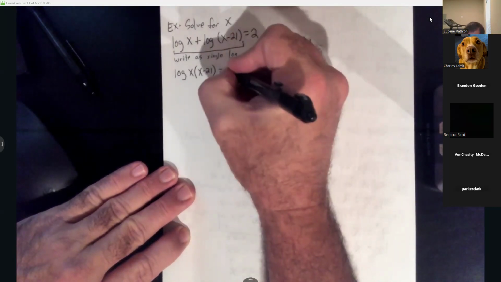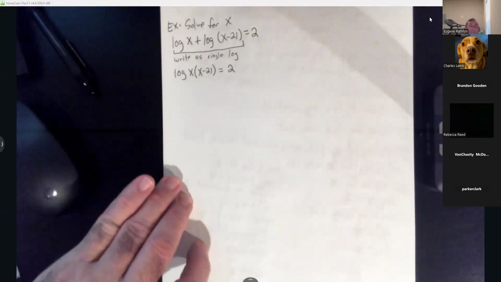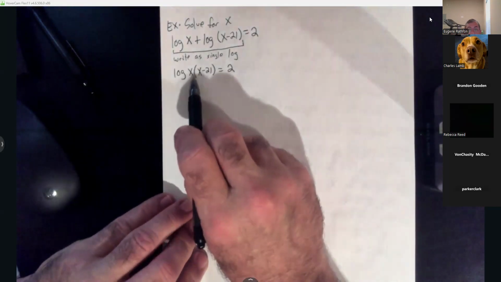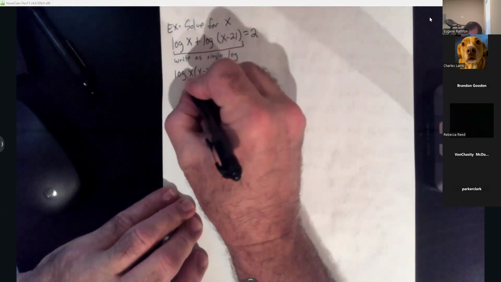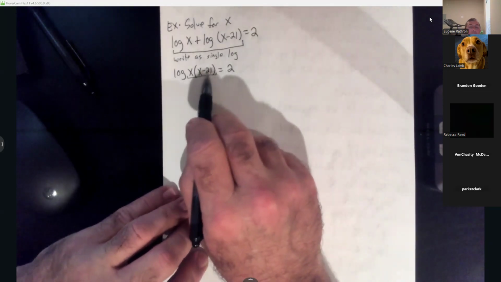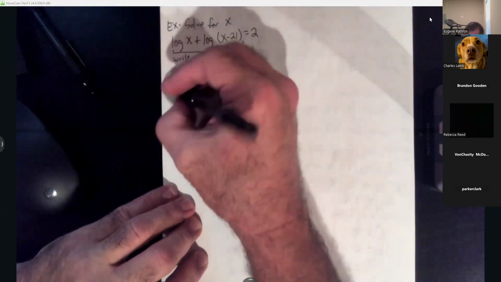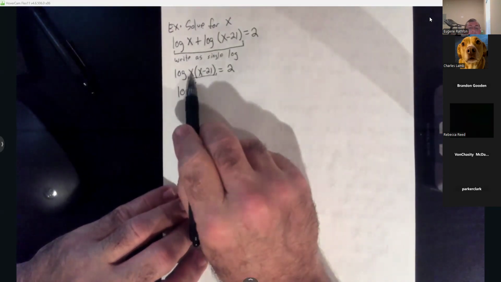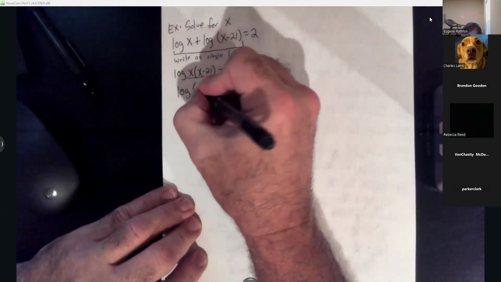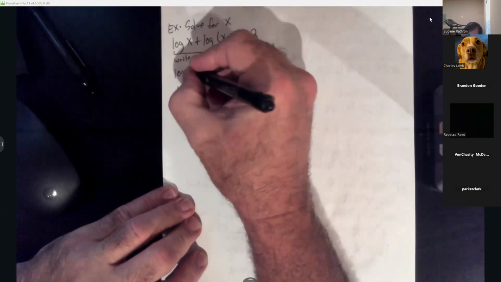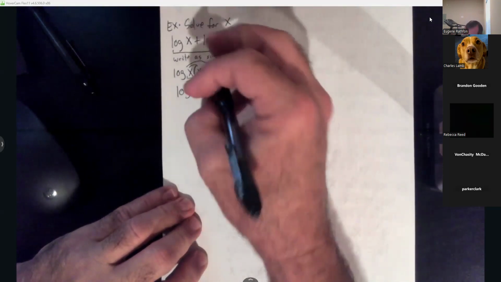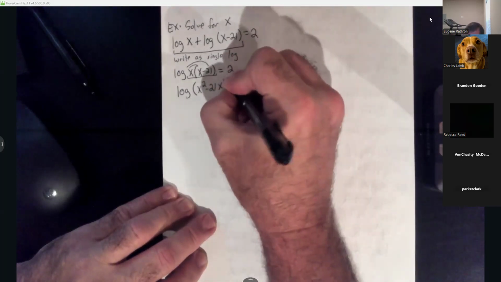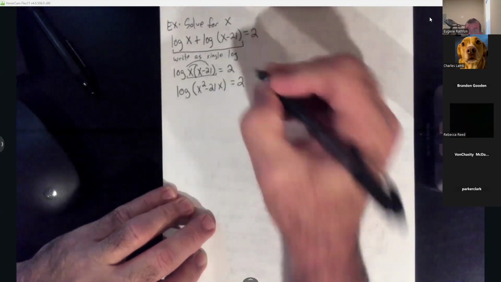That's going to equal the right side of a 2. Now I'm actually going to go one more step, and I'm going to multiply this product out real quick. So that's going to give me a log, and I'll put it in parentheses. X times x is x squared. And then x times a negative 21 is a negative 21x. All that is going to equal 2.